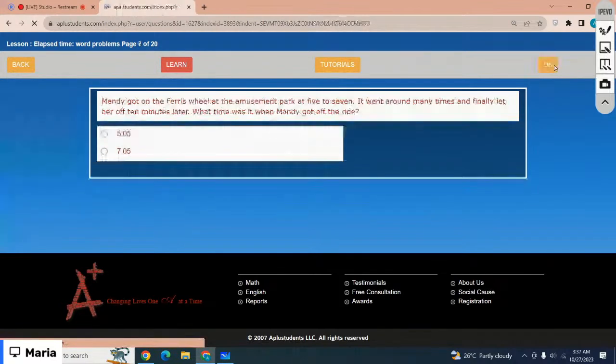Okay, the next one is Mandy caught on the Ferris wheel at the amusement park at 5 to 7, right? It went around many times and finally let her off 10 minutes later. What time was it when Mandy got off the ride? Which is the correct option?